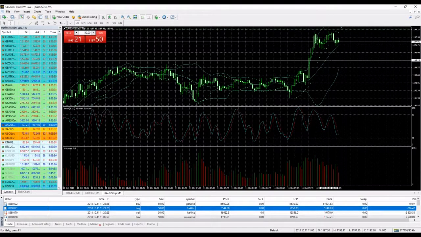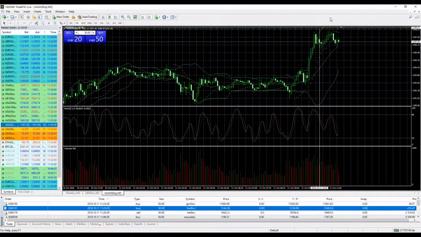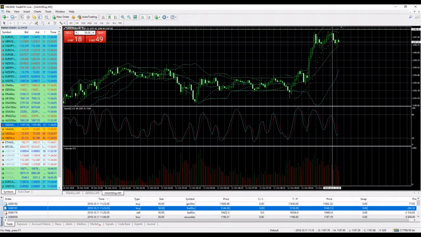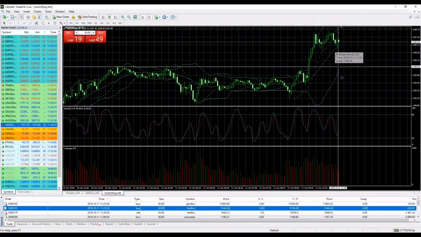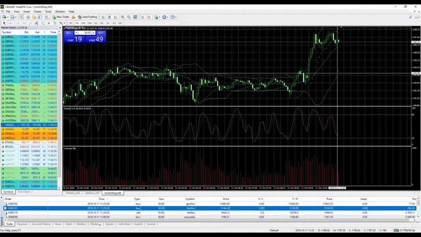Was it gold or Italy 40? I think we hedged yesterday on Italy 40. No, it was gold, it was not Italy 40. It was gold in the afternoon. We had a long position on gold, then a drop happened, and on the drop we shorted it, we hedged it, and on the lower point we closed the short position.